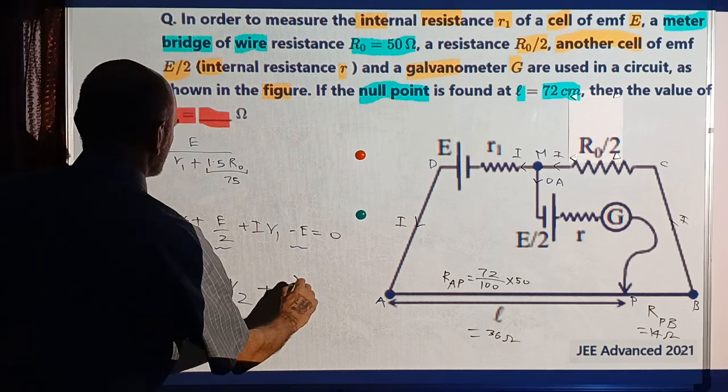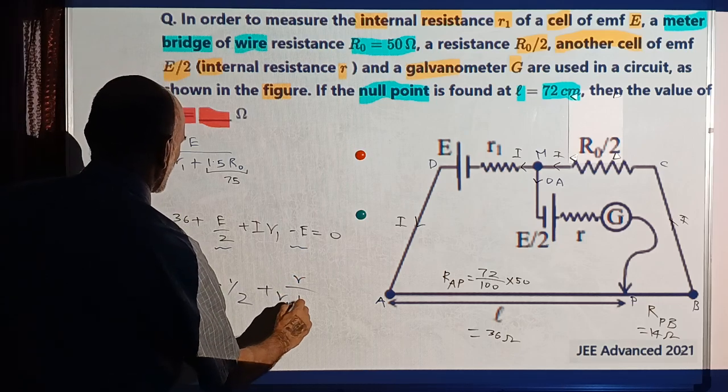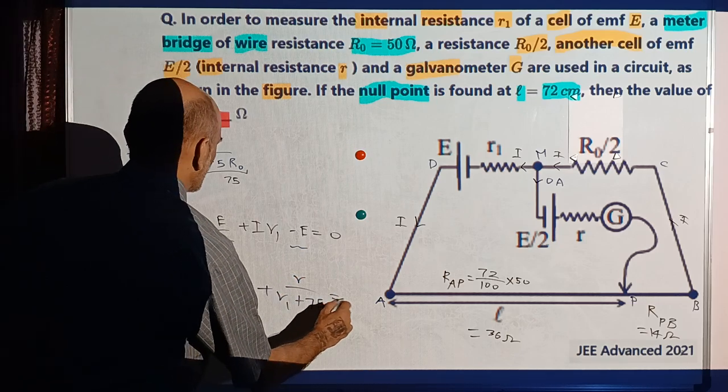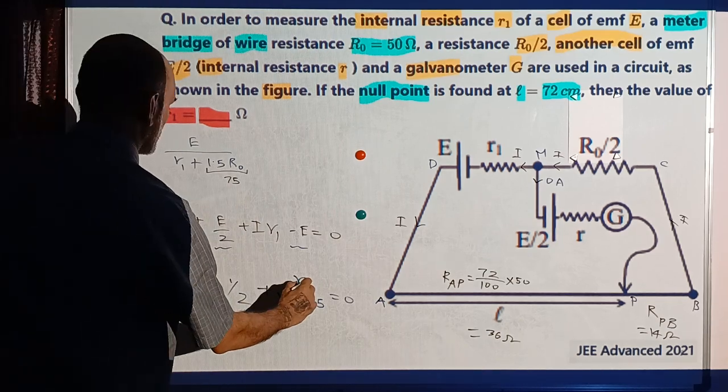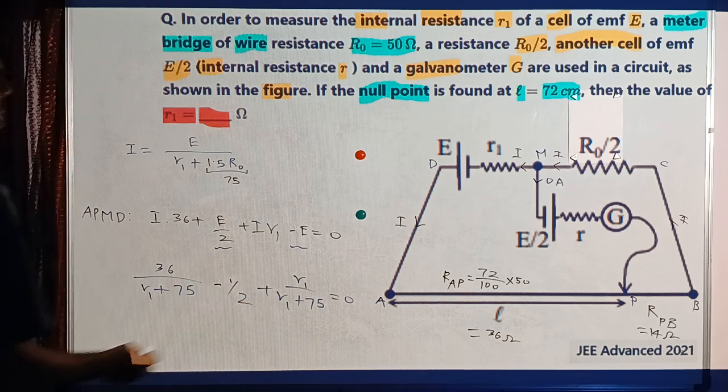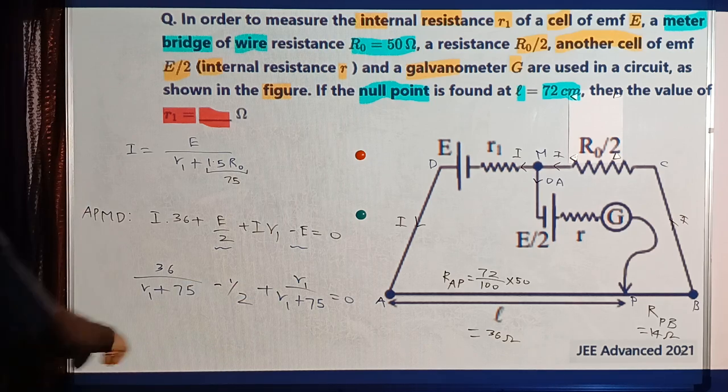So R1 by R1 plus 75 equal to 0. So R1 divided by R1 plus 75. So in this equation, there is only one unknown, R1, which you have to find out.